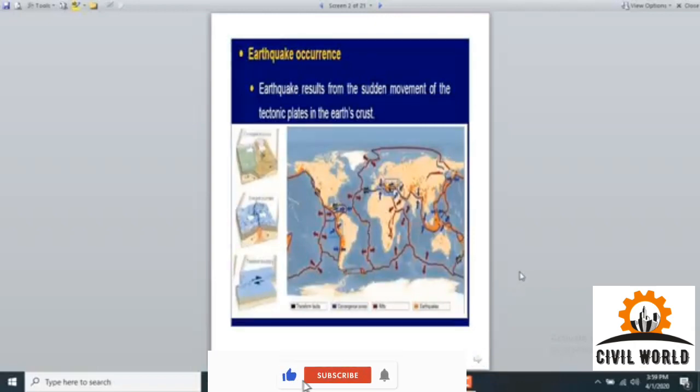Okay, earthquake occurrence, we are familiar with that. An earthquake basically results from the movement of the tectonic plates beneath the earth mantle.